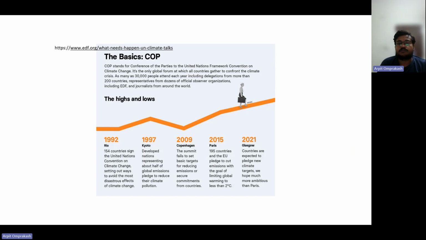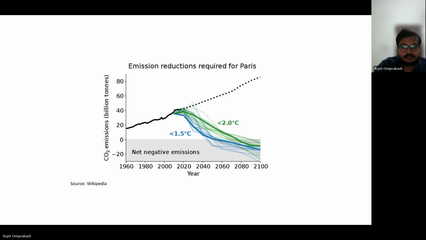Then in 2015, at the Paris Convention, 195 countries and the EU pledged to cut emissions with the goal of limiting global warming to less than 2 degrees Celsius. And in 2021, in Glasgow, countries are expected to pledge new climate targets, right? Which are much more ambitious than Paris.